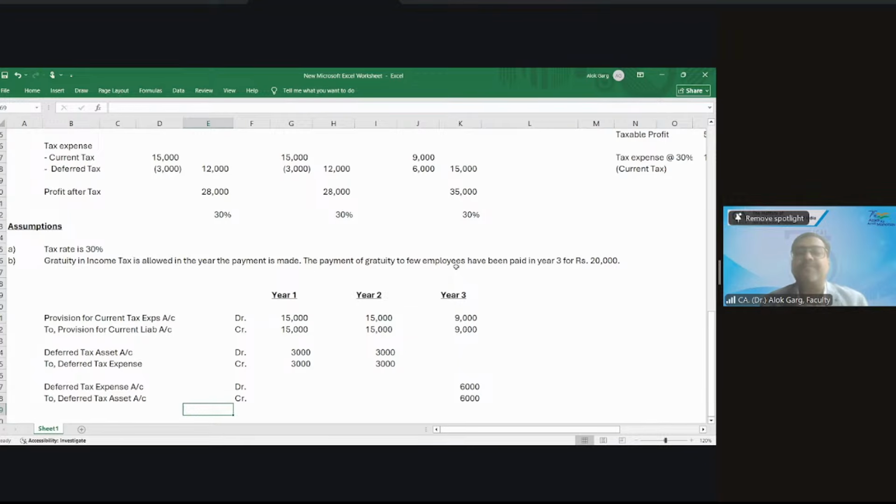It means this advanced tax and TDS has to be adjusted against your current tax liability. It is a tax you have already paid, which you have not paid yourself. Your customers have deducted and deposited, right? So your year-wise advanced tax and TDS and tax liability has to be netted off year-wise. If my advanced tax and TDS has been deducted for the previous year, but my tax liability pertains to the current year, then what will happen?